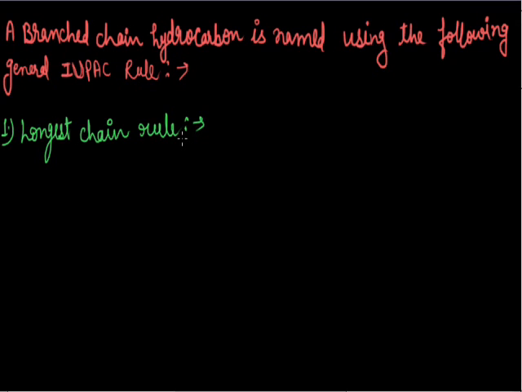So in the case of the longest chain, firstly we have to select a long carbon chain which is continuous. Suppose we have an organic compound, that is CH3, CH, CH3, CH2, CH2 and CH3.